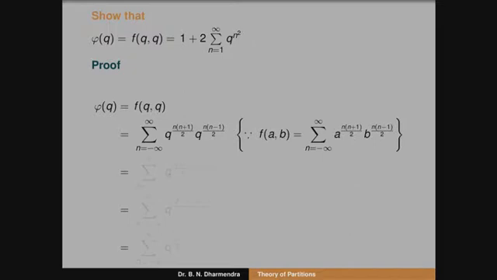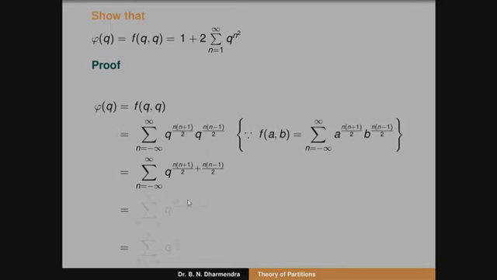We can compare the terms and observe that the base is q in both the terms. So we can add the powers, that is the summation n running from minus infinity to plus infinity of q to the power of n times n plus 1 by 2 plus n times n minus 1 by 2. Now taking the denominator in both terms, which is the same, we can simply add the numerator terms.